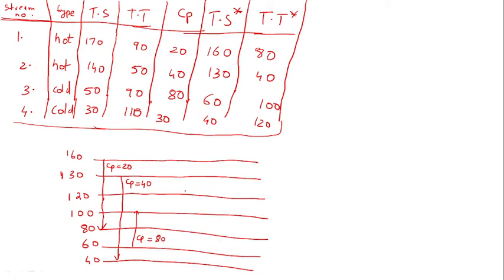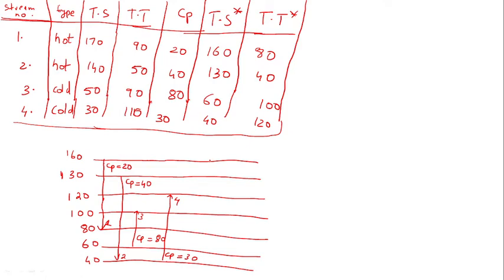Then for stream 4, which is also a cold stream, it is heated from 40 to 120, and its Cp value is given by 30. So let us mark this as stream 1, this is stream 2, this is stream 3, and this is stream 4.